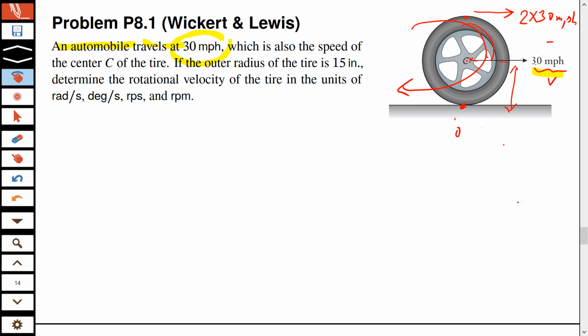Okay, this is something which you must have studied in physics courses.